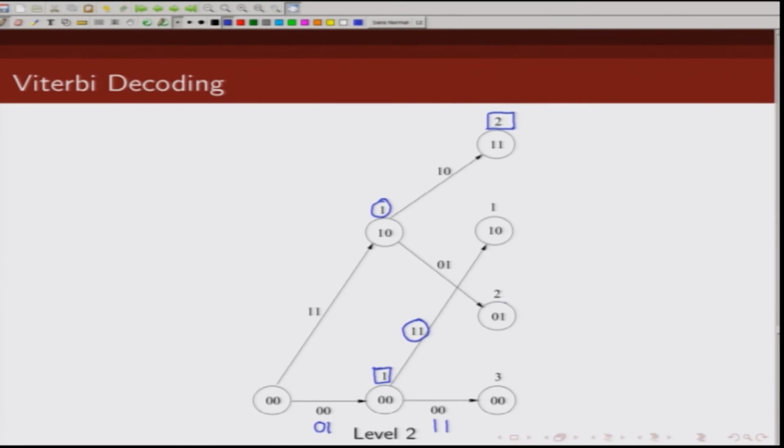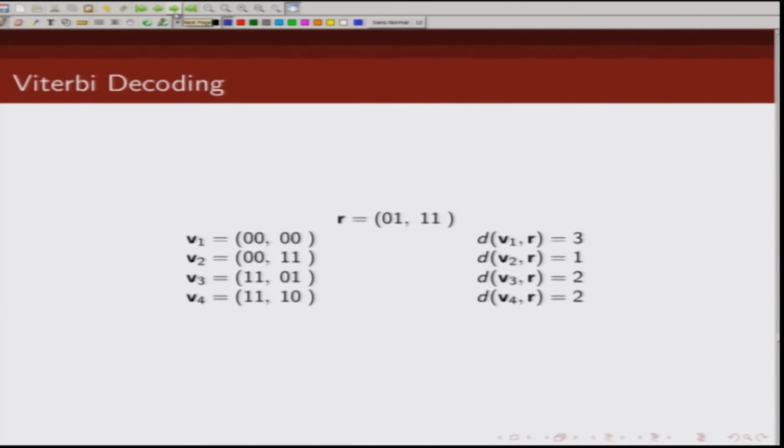This is going to be the partial path metric here plus the branch metric of this. And what is the branch metric of this? This is 0 1 and receive sequence is 1 1. So, it is differing in the first bit location. So, that is 1. And similarly, here the partial path metric is 1, the branch metric in this case is 2. So, 1 plus 2, so the partial path metric here is 3. And this is what I have also illustrated here.